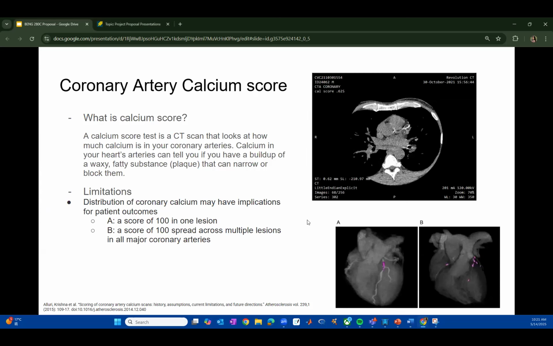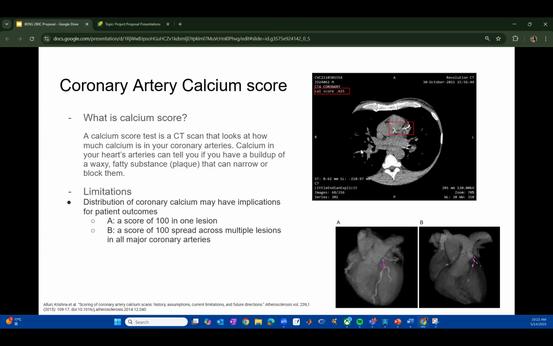We received a patient data set from Dr. McVeigh, including PET scores and CCTA images, both of which are imaging tools widely used in clinical practice. For the CCTA score test in particular, here's an example from a 55-year-old male patient with a calcium score of 0.625.